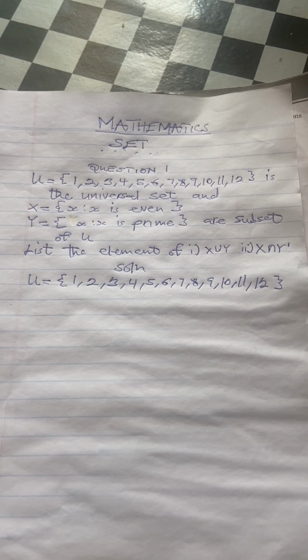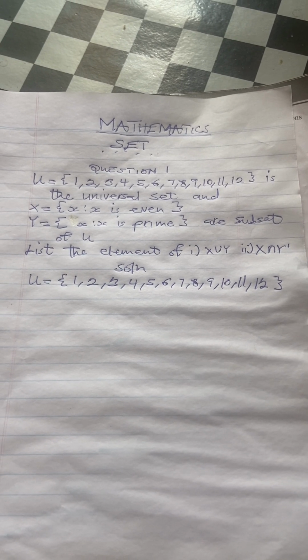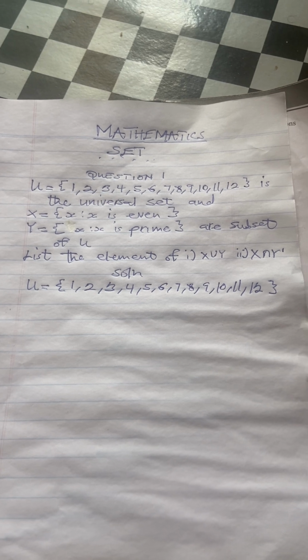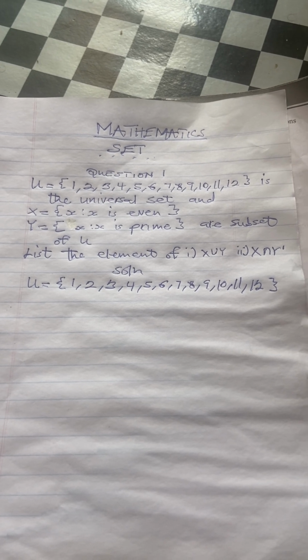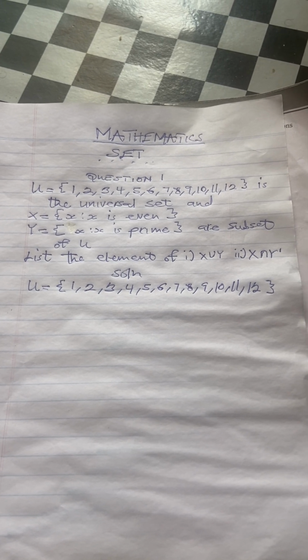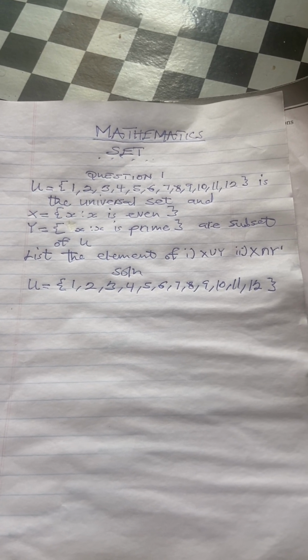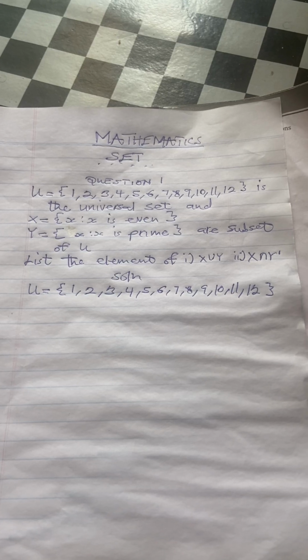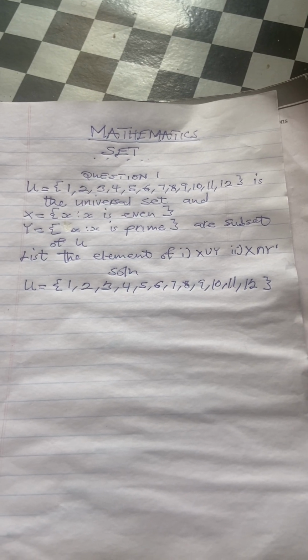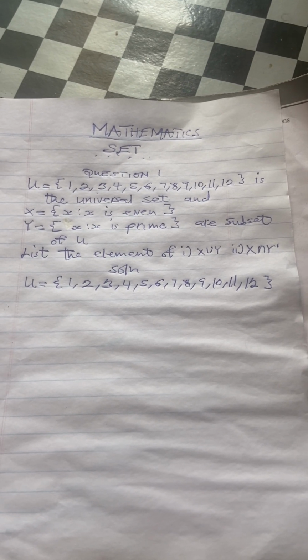So from the universal set, the even numbers are 2, 4, 6, 8, 10, and 12. These are the even numbers because when divided by 2, there is no remainder, right? So you write them.